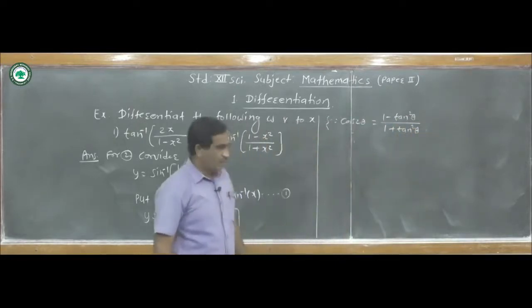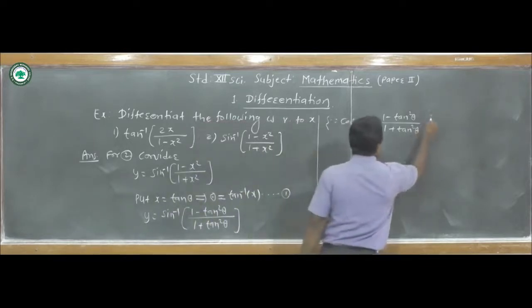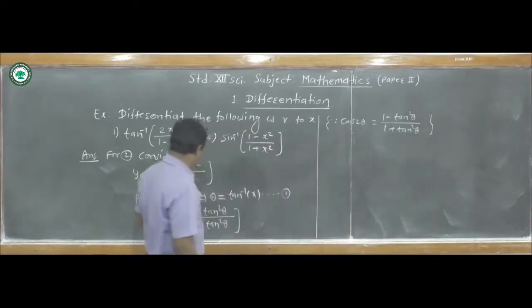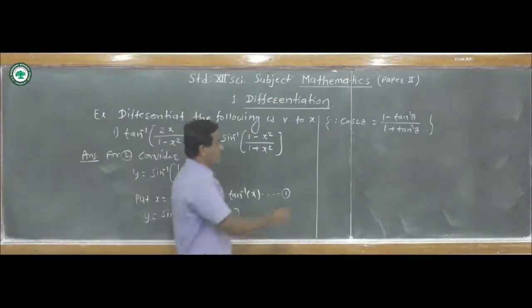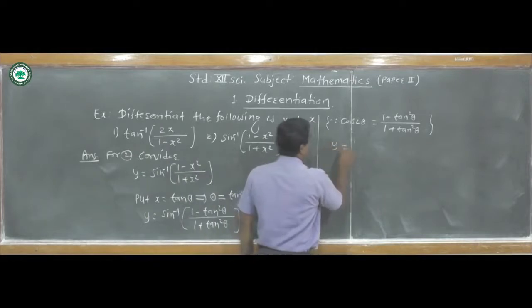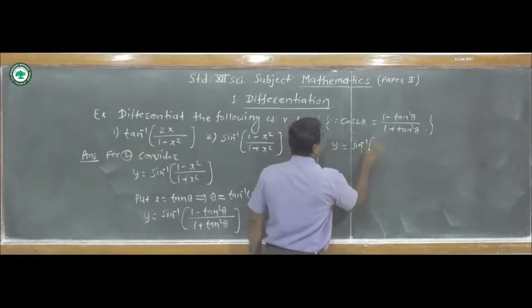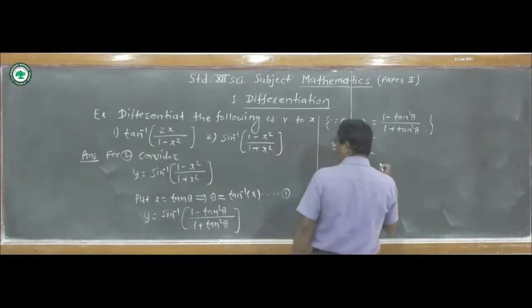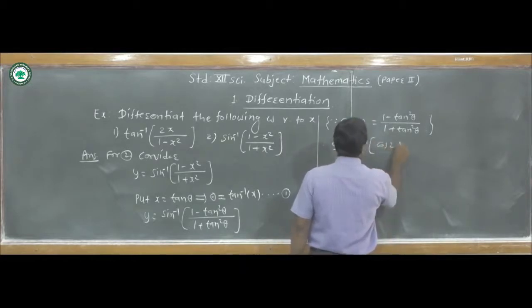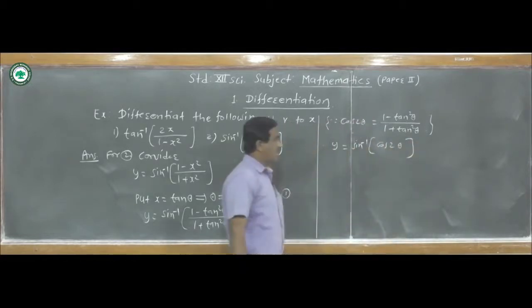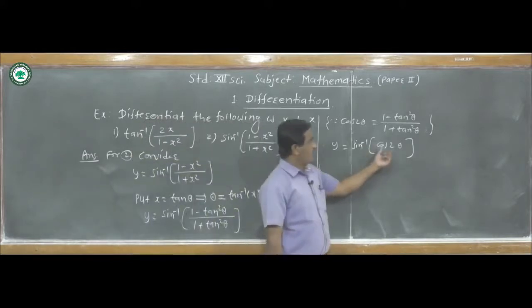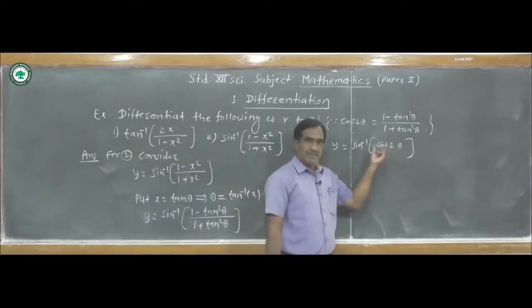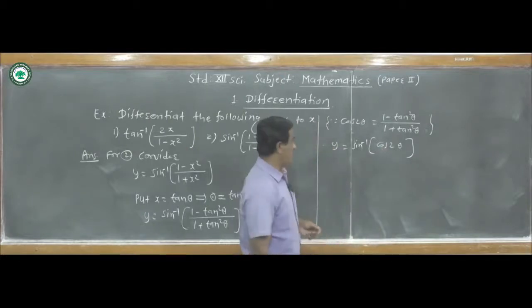Using this formula we can write the value of 1 minus tan square theta upon 1 plus tan square theta is equal to cos 2 theta. Therefore this equation becomes y is equal to sin inverse of cos 2 theta. Now we want to convert this cos 2 theta in the form of sine. Therefore we use allied angle formula.